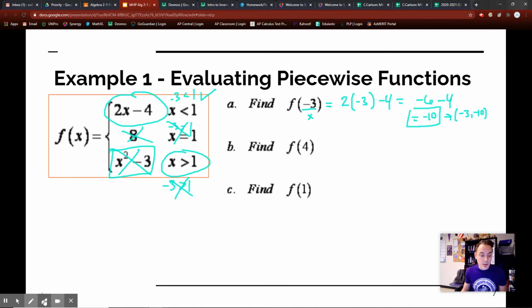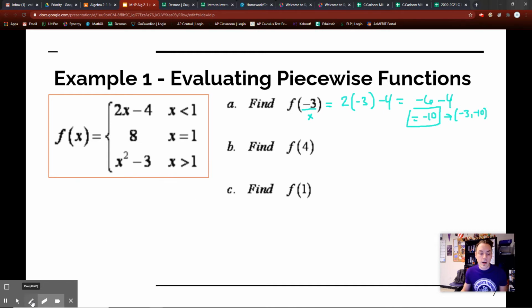Okay, so now I'm going to erase all this. Now that I know it checks out, I'm going to go to the next one and let's try to evaluate B. Think about it for a second as I'm erasing. f(4), what does f(4) mean?